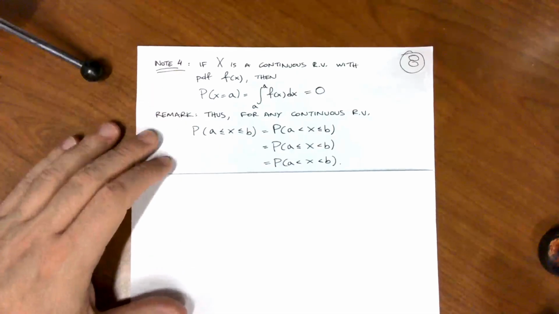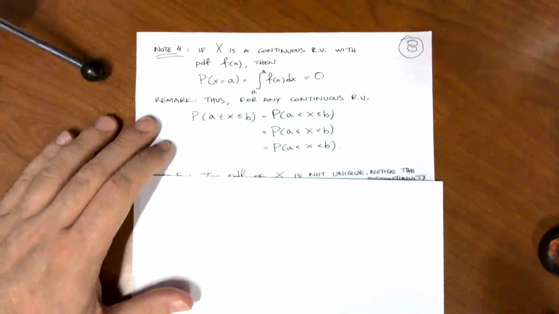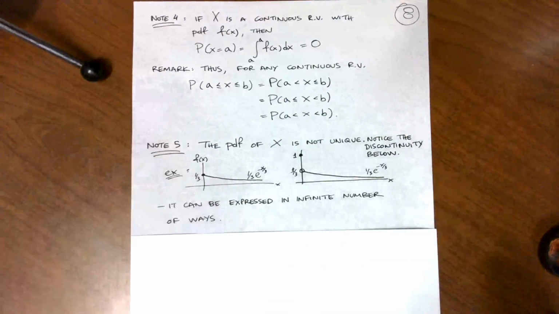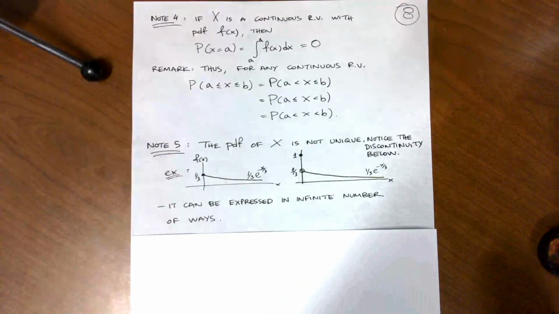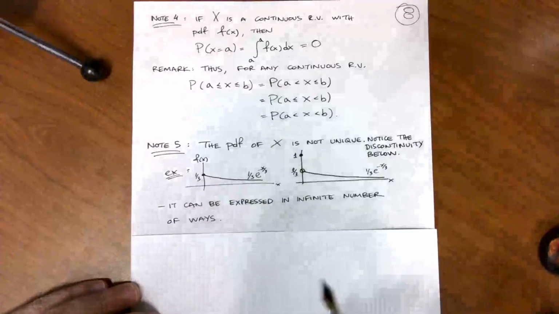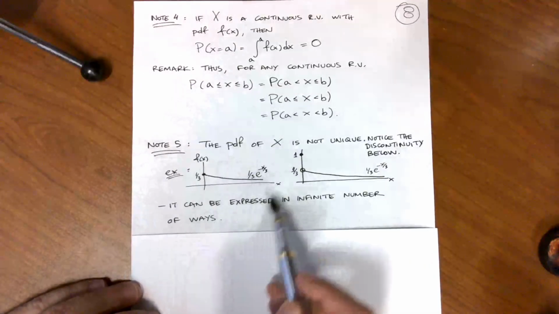So all of these expressions are going to give us the same result in calculating probability. This opens up the possibility that the PDFs of a random variable X are not unique. Because you can start introducing some discontinuities, which are not going to play a role in these probabilities.